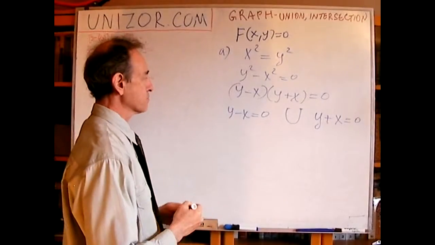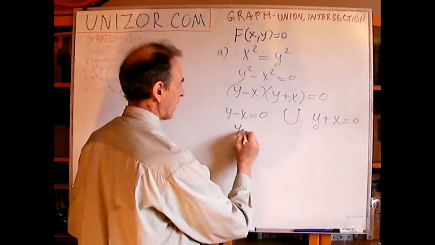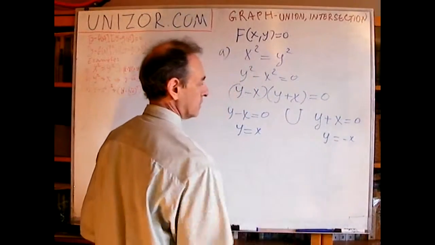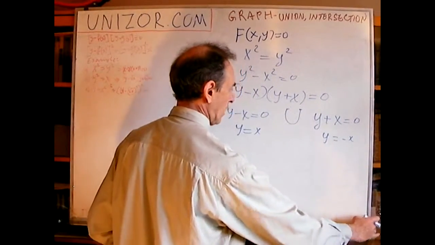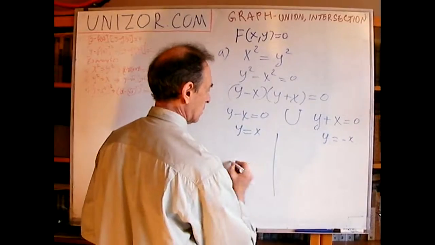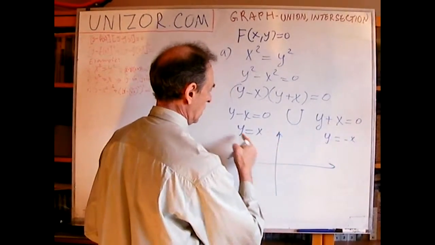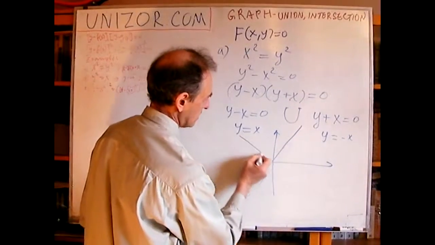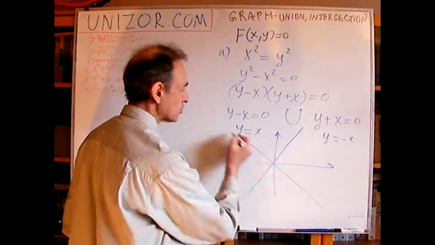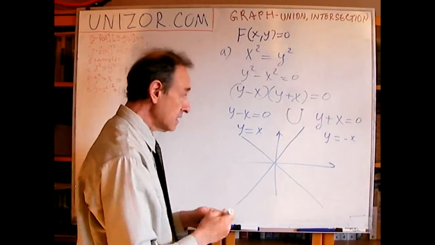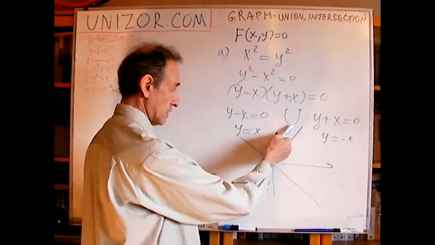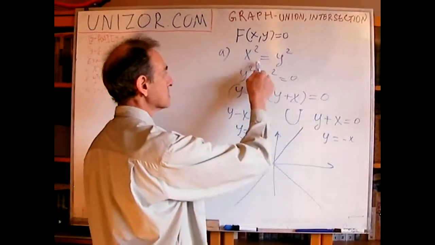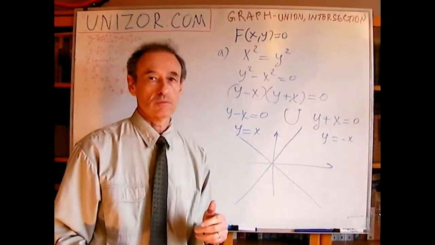This particular graph is y is equal to x, and this is y is equal to minus x, right? So graphically, y is equal to x is this, y is equal to minus x is this. So the combination of these 2 lines is a union, right? The union of these 2 lines is the graph of the original equation.